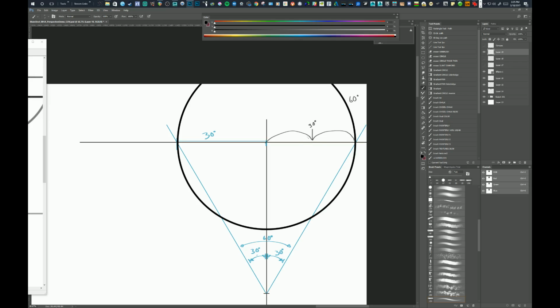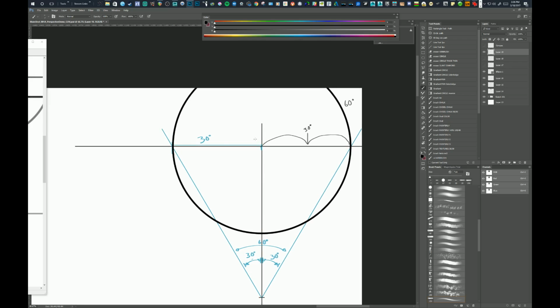This would actually be only 15 degrees from the center, so we'd have 15 degrees before it reached that point on the horizon line. But in total, it would be 30 degrees, which means that half of that would be 15 degrees, and then a little more would be 10, because half of that would be 7.5, right?